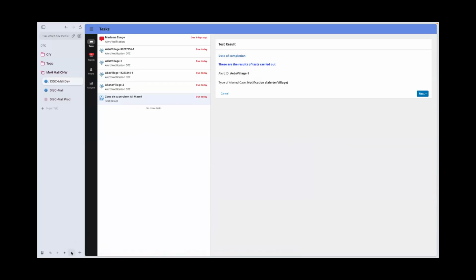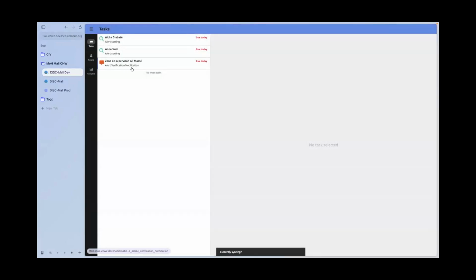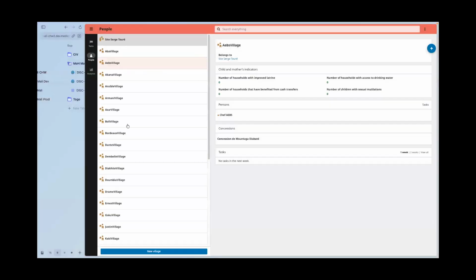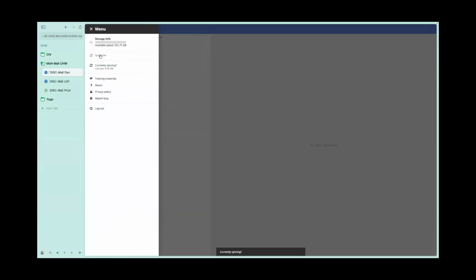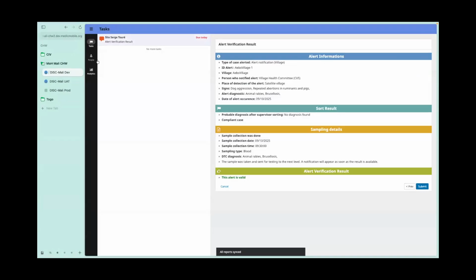Meanwhile, if I refresh, the supervisor will receive a notification saying that the verification was done by the DTC, and the supervisor and the CHW as well will receive a task, if I synchronize it, saying that your alert was verified. So he has all the information that was put in by the DTC.